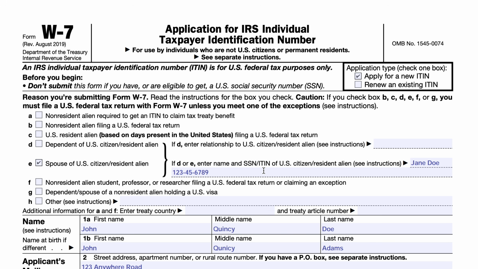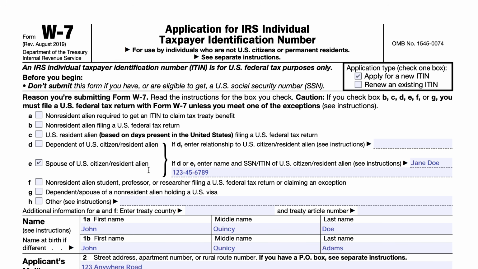Let's start with the reason of box A. Box A indicates that you are a non-resident alien and you might need an ITIN to claim a tax treaty benefit between the United States and your country.